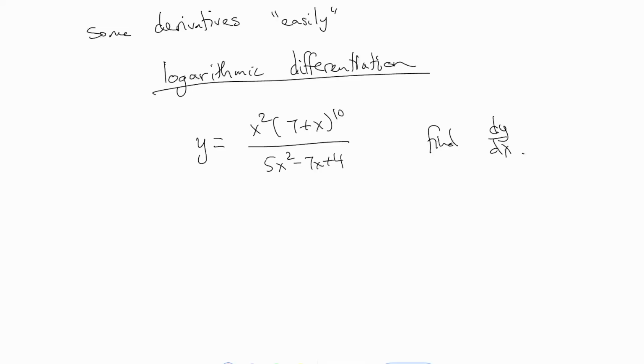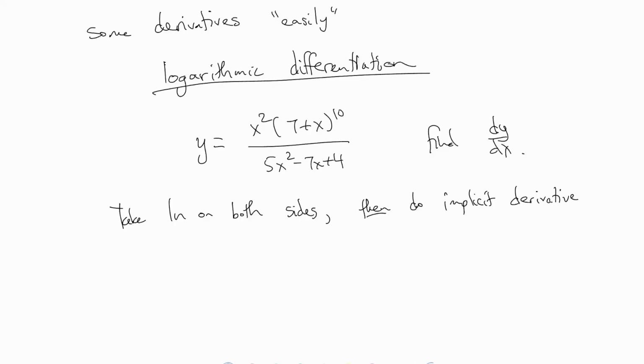Logarithmic differentiation means you take ln on both sides. This is a little weird if you've never seen it before, but it's not especially hard, you just have to know how to do it. You take the natural log on both sides, and then do the implicit derivative, which I hope you've seen before, but this is a very easy example of it, so even if you haven't, it'll be fine.